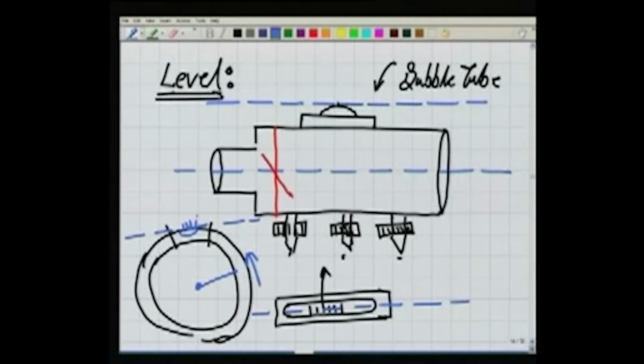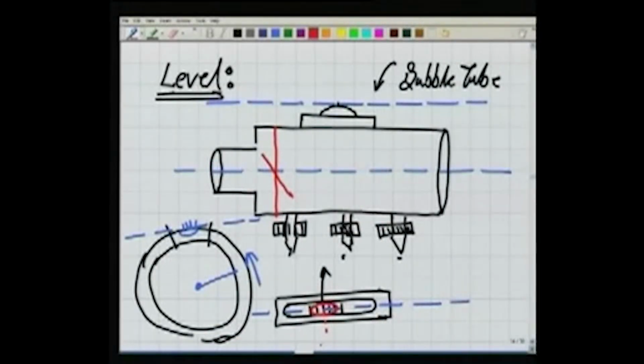What I mean is, if this bubble, which I am showing in red here, is in the center, or the center graduation is at the center of the bubble, the moment we have a situation like this, the meaning is this point is exactly pointing upward.